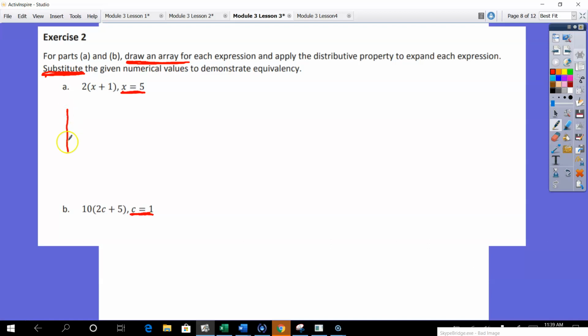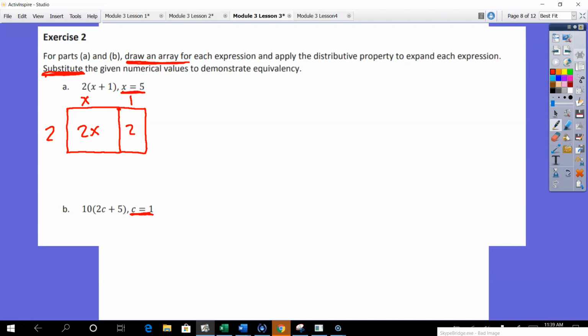Okay, so on the first one, you had an array. On the outside was 2. Here we had x. X we know is going to be 5, but normally we wouldn't, but I'm going to go ahead and make it bigger because the other number was 1. Obviously, that's not going to be too big. So on the inside, we had 2x. On the inside here, we had 2.